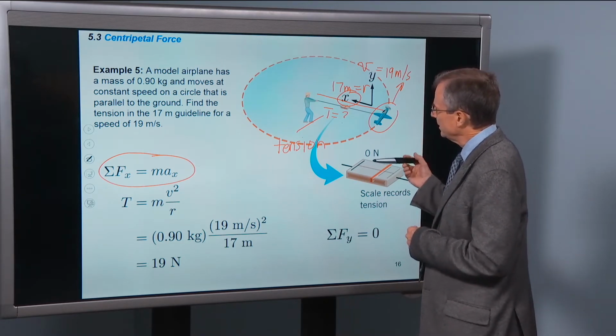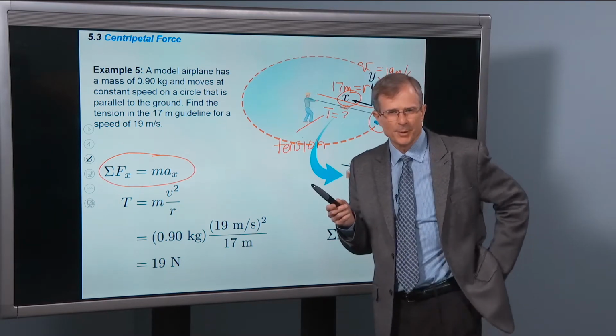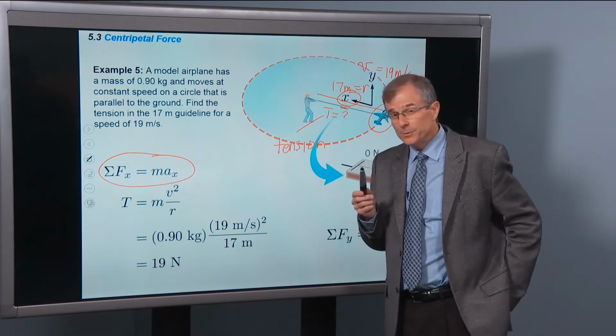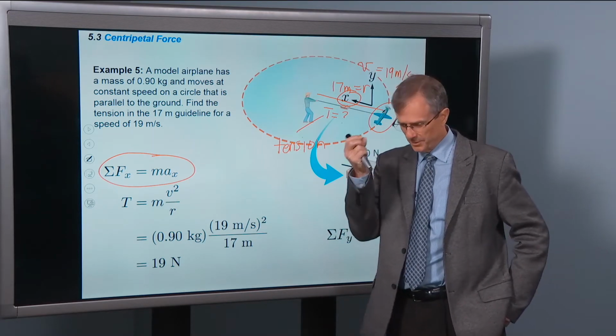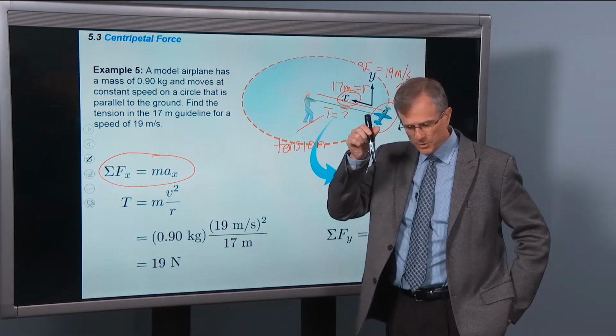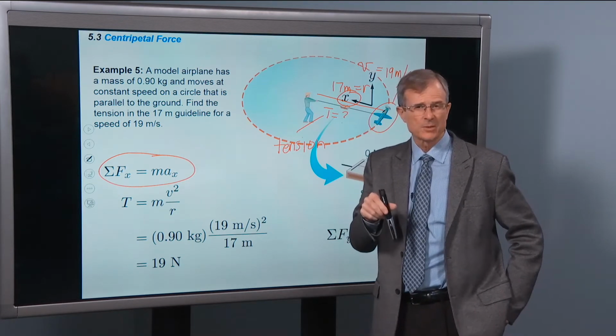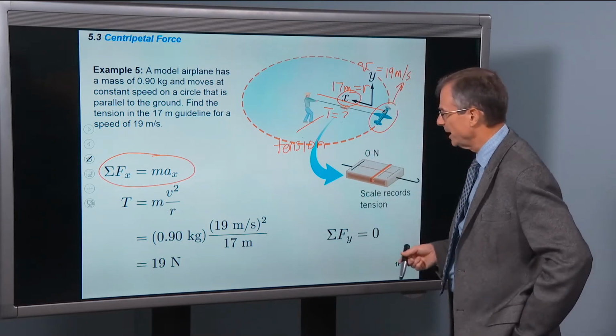So this is a key to solving uniform circular motion problems. If you choose the x direction to be at the location of the ball or whatever is going in a circle, the plane in this case, and you choose x pointing toward the center of the circle, then things work out pretty simply, as I'll show you now.